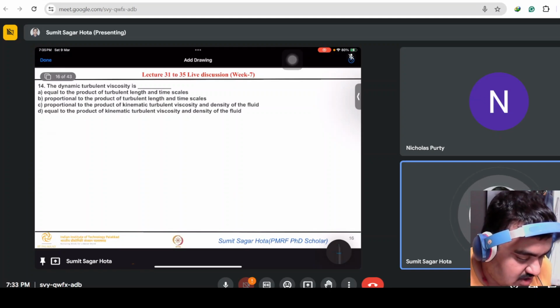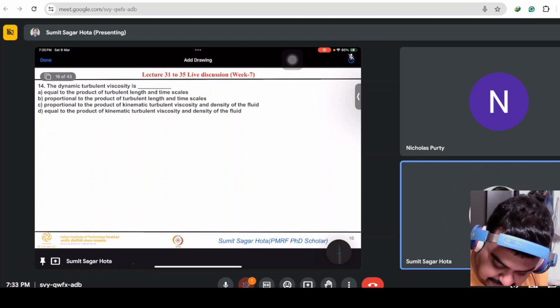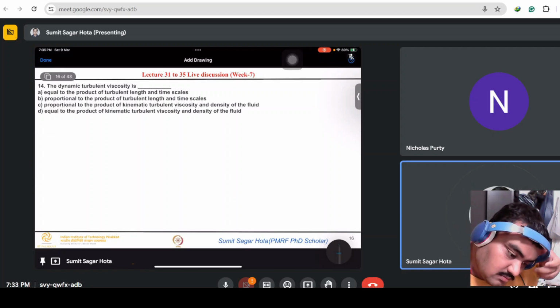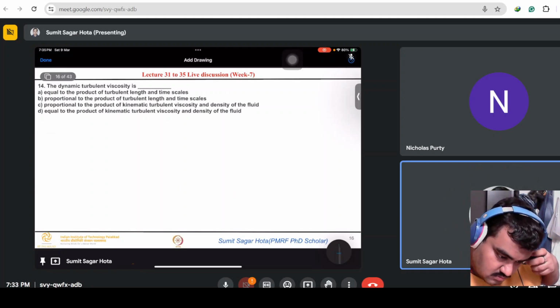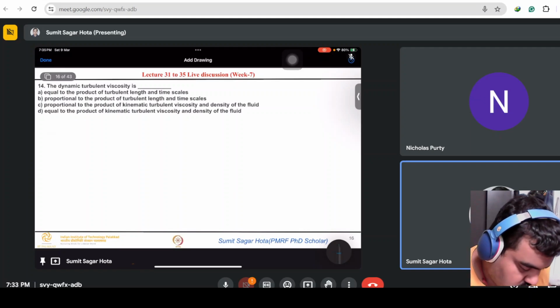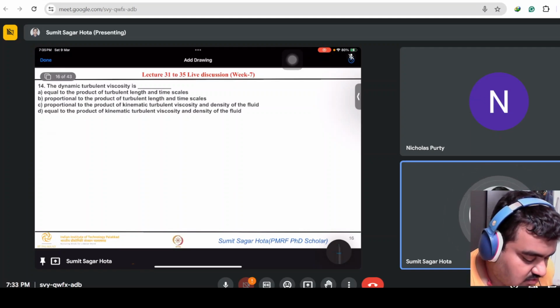What is the dynamic turbulent viscosity? It is the same, mu t is equal to rho into that.